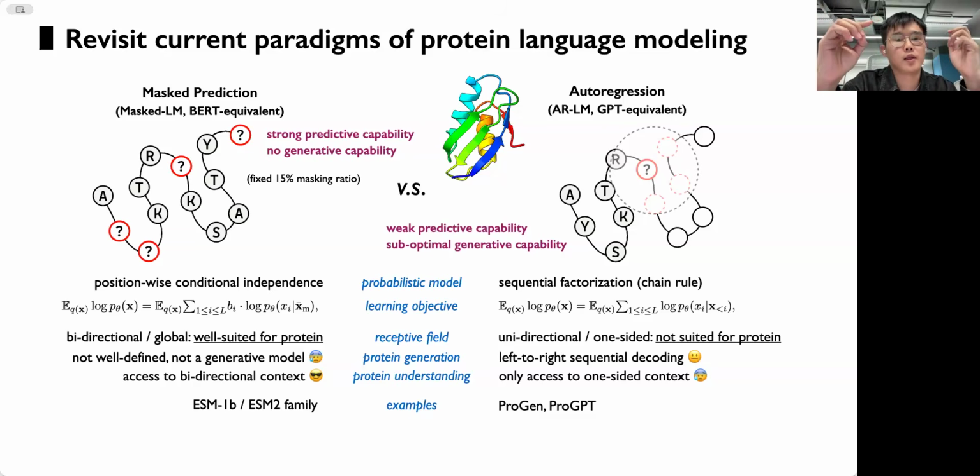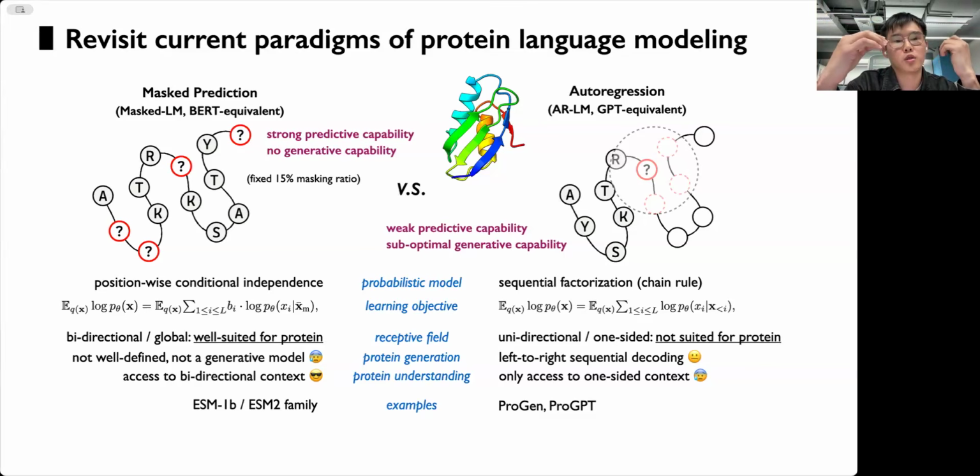In masked language modeling you mask a very small proportion of the sequence, like 15%, and this is not a very challenging task.